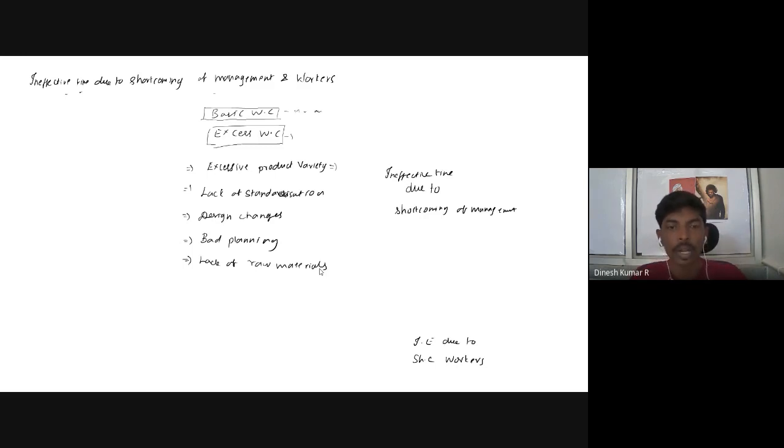This is only about work and machine, because if we put everything together, everything can be put together. If you say lack of standardization, everything comes into lack of standardization. If you think about bad planning, everything comes under bad planning. So each and everything has a specific output, right? That's why we are putting everything separately.